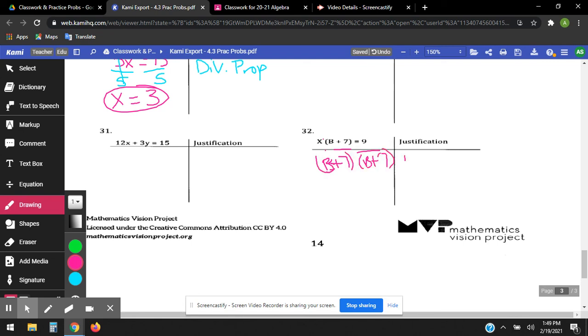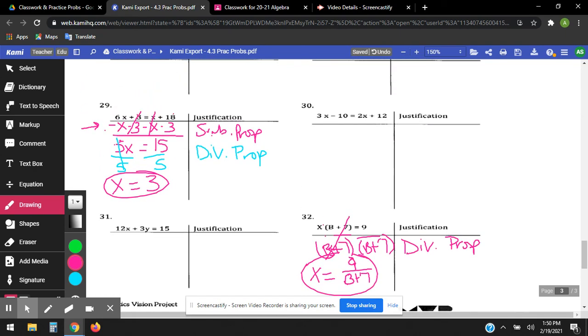And if I'm dividing, it's the division property. These cancel. That leaves me with x equals 9 over b plus 7. That's all I had to do for that step. There's actually only one because everything else was in parentheses besides our x.